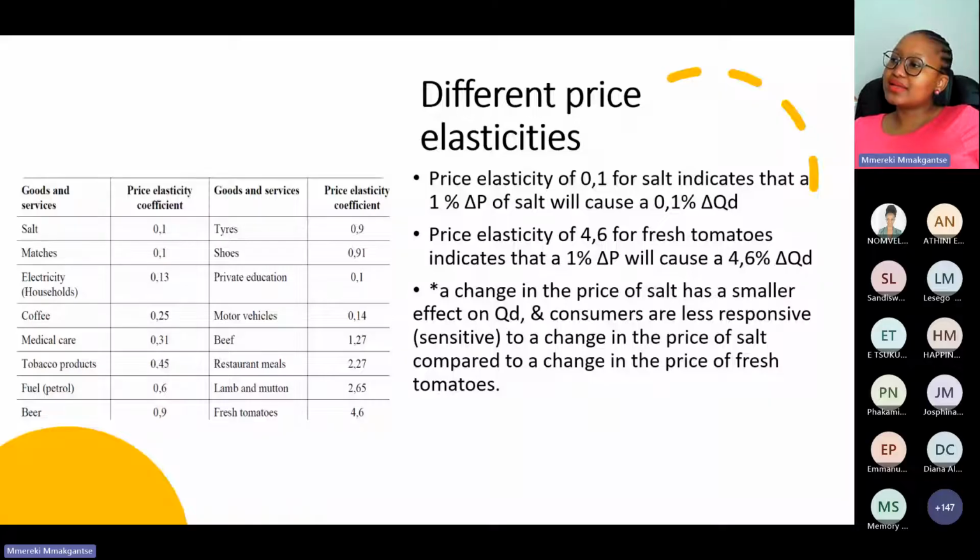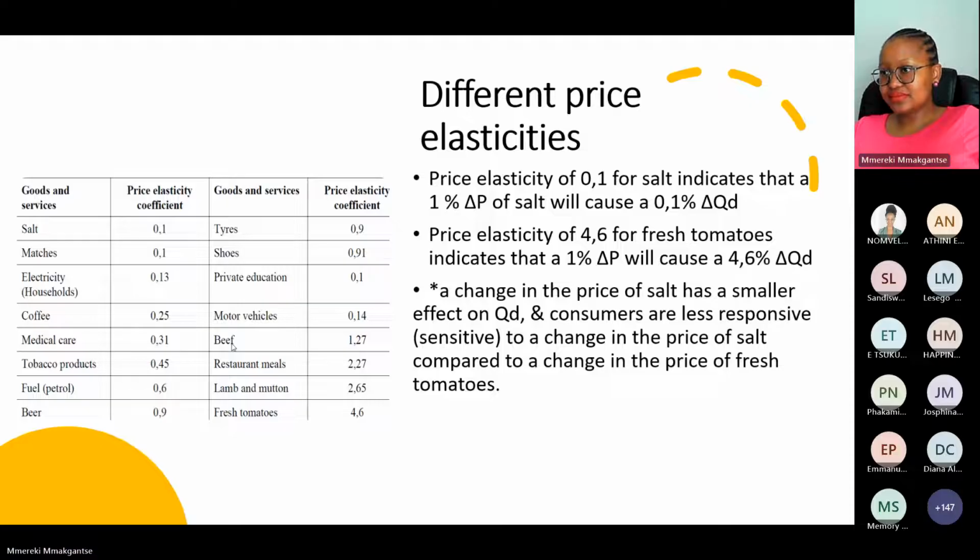So now we look at different price elasticities. Looking at our example here, we see that the price coefficient for salt is 0.1, matches, electricity is still low. And then when we look on this side, shoes is high, close to 1.